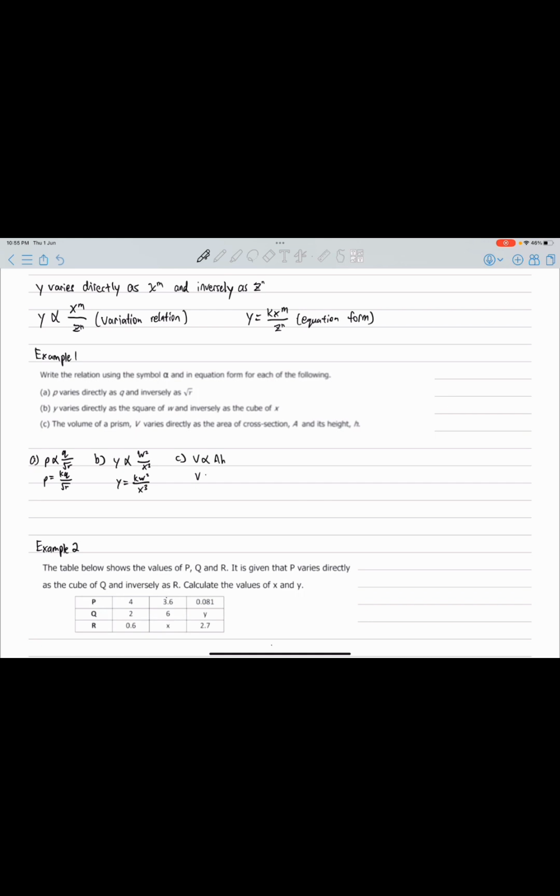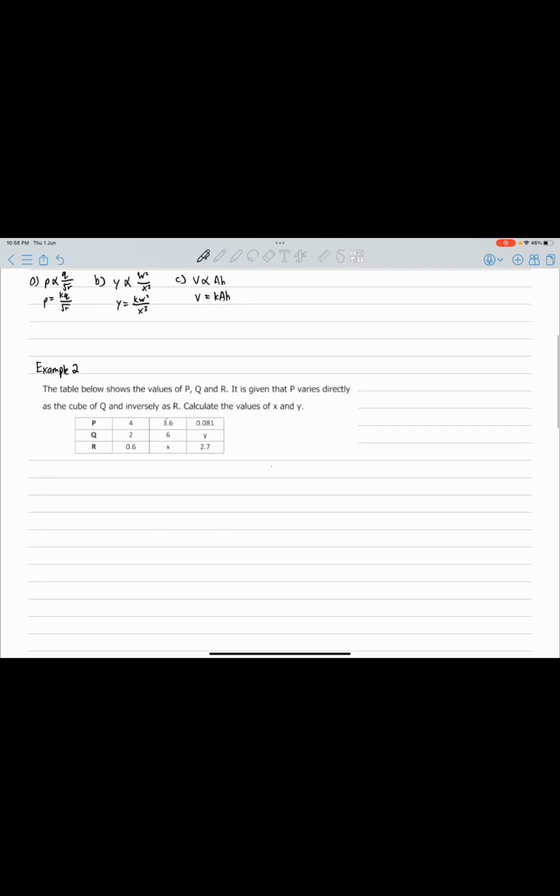For the equation form, we can write V equals k A h. So that's it for example 1. Now let's see example 2. The table below shows the values of P, Q, and R. It is given that P varies directly as the cube of Q and inversely as R. Calculate the values of x and y.